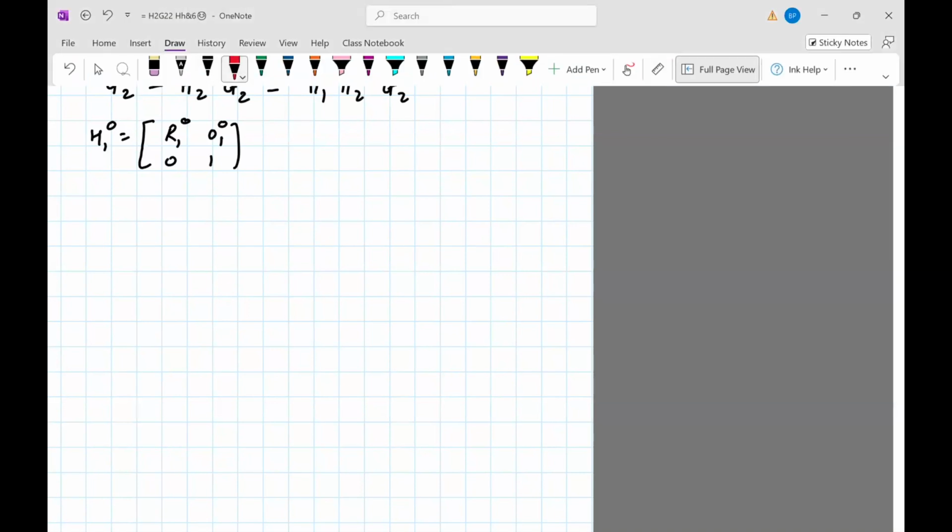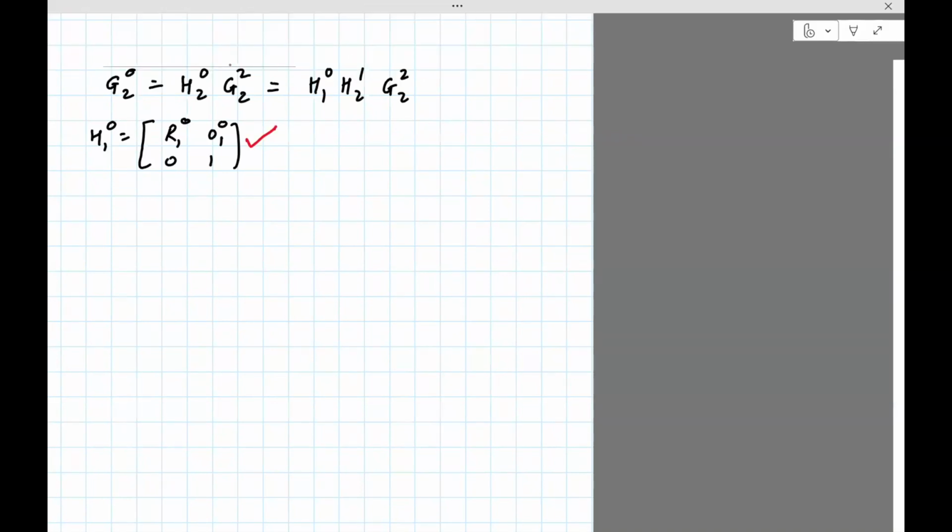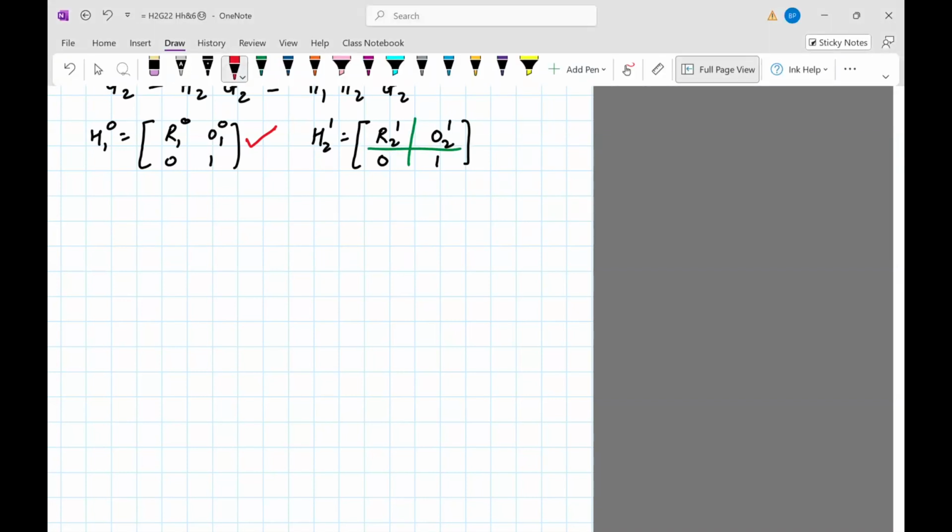This was done for the previous position, C1 or G1. Okay, H21 is R21, 0, O21, 1, and we can actually do this. So let's do this.